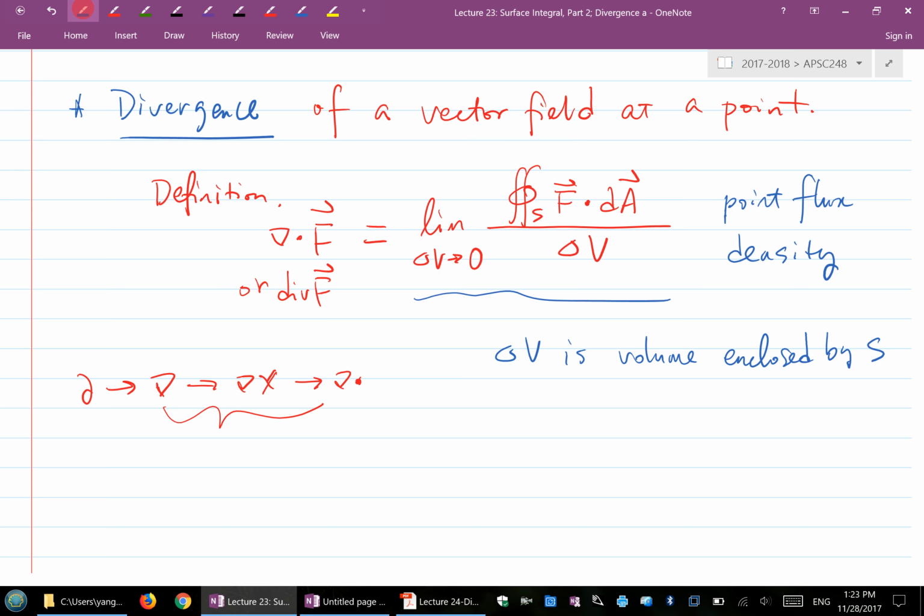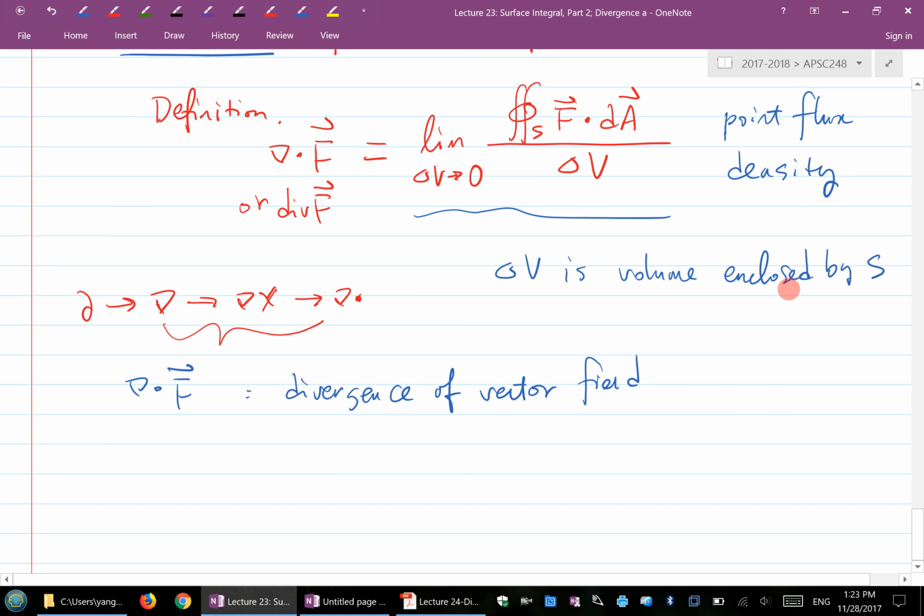So the del dot F is called the divergence of a vector field at a point. And using the limit, you can prove this expression.